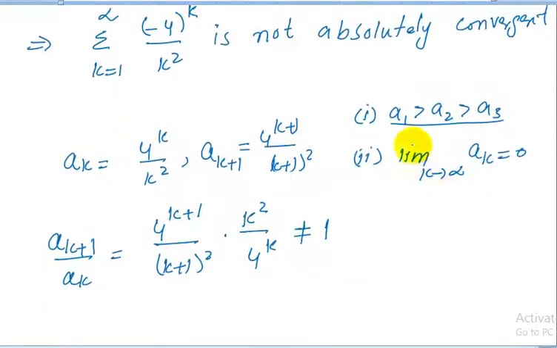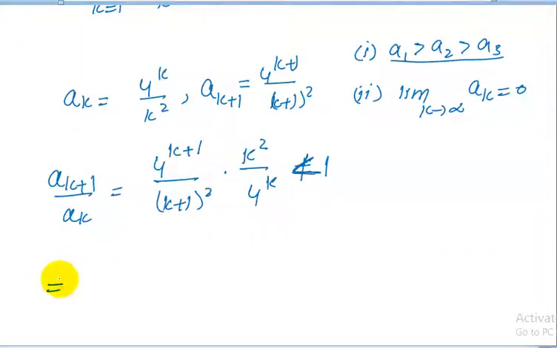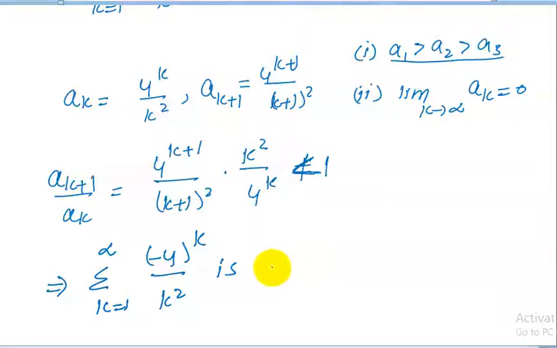So the first condition is not satisfied, and we do not check the second condition. Hence summation k starting from 1 to infinity of (-4)^k upon k square is not convergent.